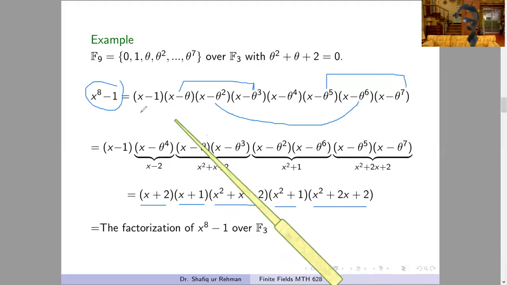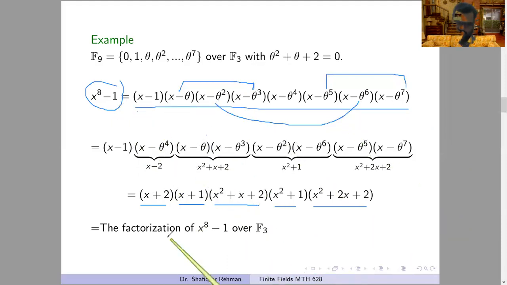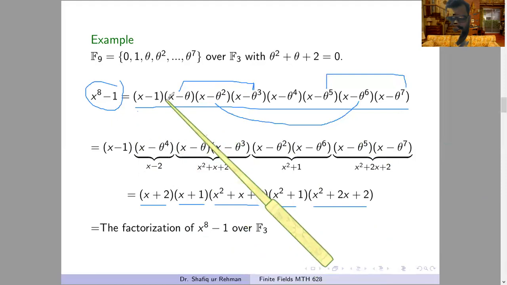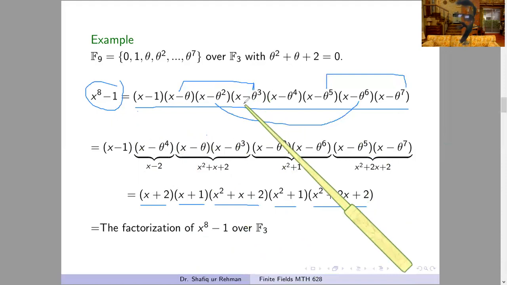Remember that here we cannot take this factorization as over F3, because a factorization over F3 means all the factors have coefficients in F3. Here not all the factors have coefficients in F3; some have coefficients in F9. So we require that all the factors must have coefficients in F3.